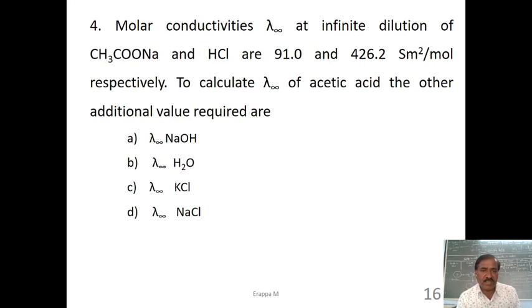Here only two are given, and another one you have to find out. The four answers are lambda infinity of NaOH, lambda infinity of water, lambda infinity of KCl, and lambda infinity of NaCl. The correct answer is lambda infinity of NaCl, which is another strong electrolyte. D is the correct answer.